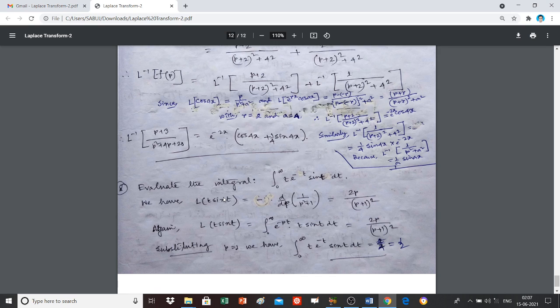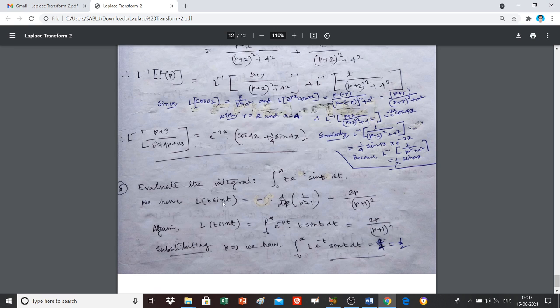The general formula is that the Laplace transform of x^n f(x) is equal to (-1)^n d^n/dp^n of F(p), where F(p) is the Laplace transform of f(x). So in this case sin t is the function.